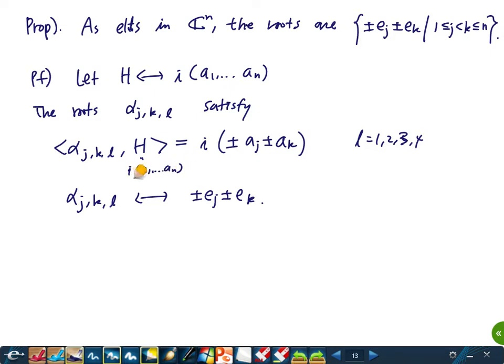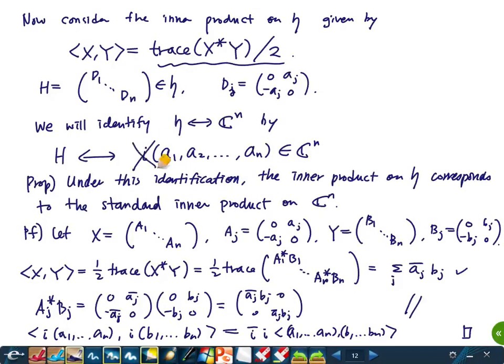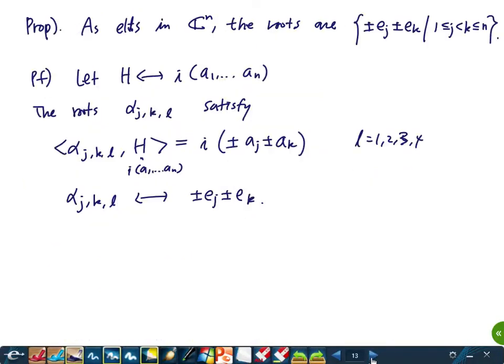And i is here, right? We put i at the beginning because we want the root to correspond to this without i. If you don't consider this, then we have to say the root corresponds to i times something, but we don't really want that. So that's why we put i at the beginning.